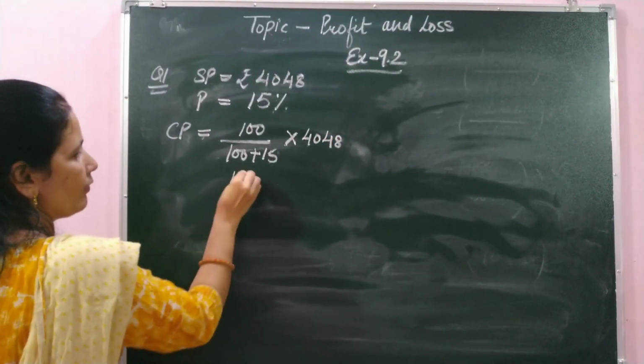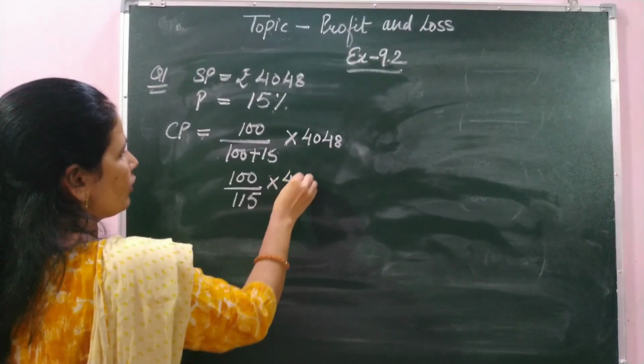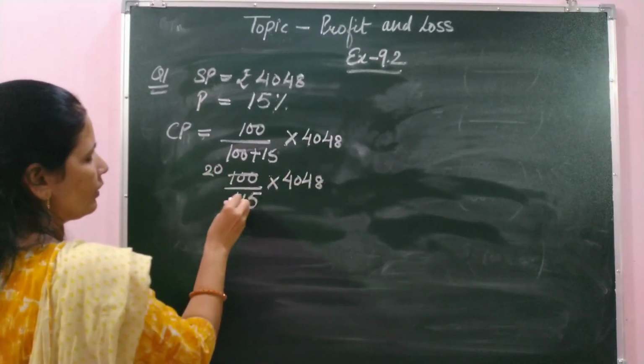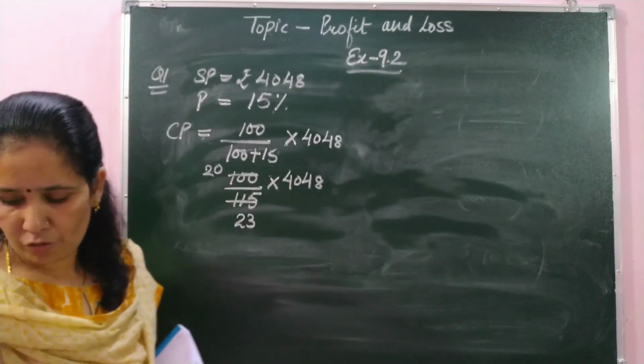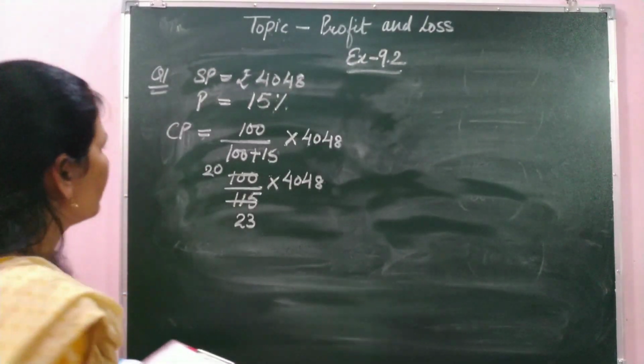So that means 100 upon 115 multiplied by 4,048. Now students, we divide 4,048 by 23.